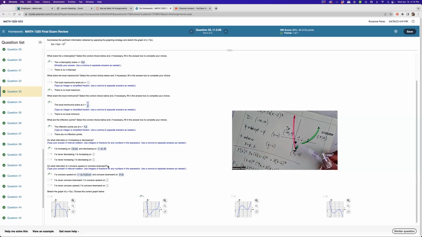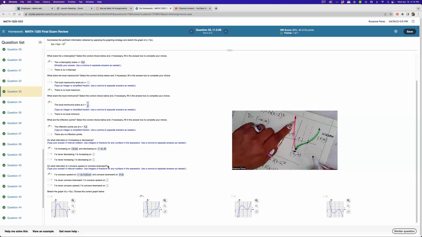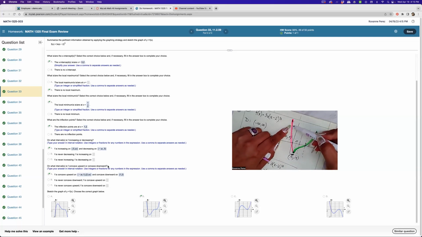Okay, so your inflection points are at 1 and at 2. Okay, so here for this portion, you can see that this is concave upward. This is concave downward. And then it's concave upward again.